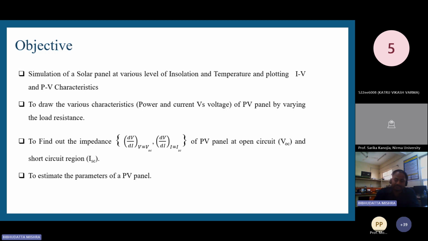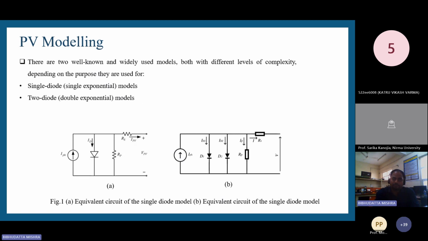So coming to the PV modeling part, there are two well-known widely used models. First one being the single diode or the single exponential model, and the two diode or double exponential model. The single diode model can also have two different categories. One is a 4-parameter based model, another is a 5-parameter based model.